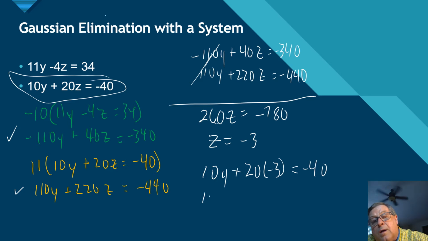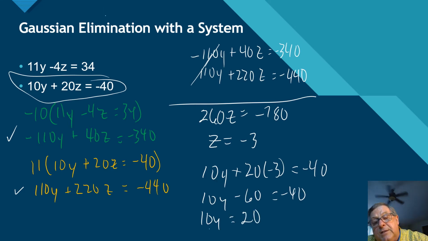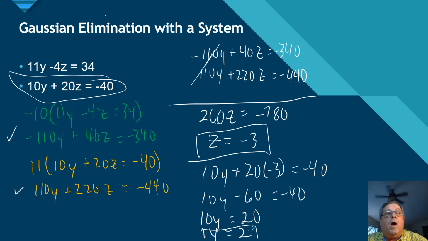Well, 10y minus 60 equals negative 40. We add 60 to both sides, and now 10y is equal to 20. Divide both sides by 10, and y is equal to 2. So now I have solved for two variables: z is negative 3, y is 2.